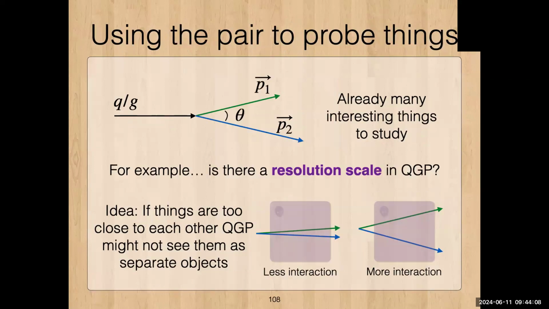The idea here is that we are using the QGP to probe this showering process. If the two things are too close to each other, it's essentially one object, so the quark plasma will see it as one color object. But when they are far away, you will see two objects and they will interact independently.